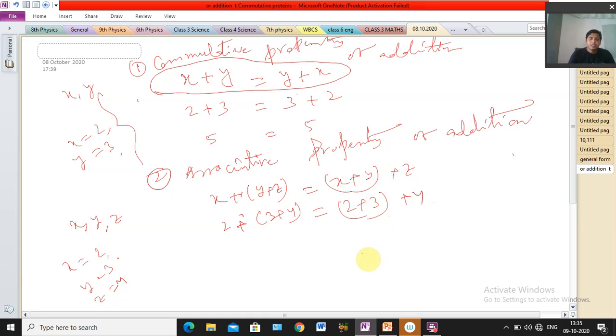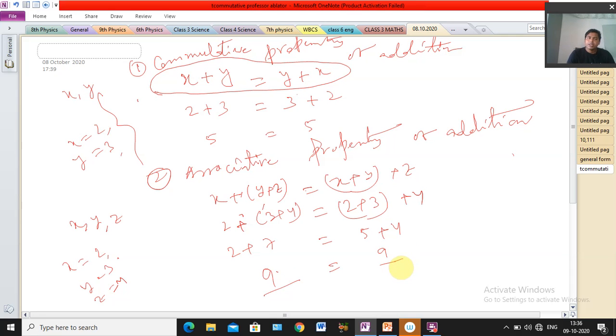With a little calculation, 2 plus 3 plus 4 gives 7, and 7 plus 2 is 9. In the right hand side, 2 plus 3 is 5, 5 plus 4 is 9. So left hand side is 9 and right hand side is also 9. It is the same. So this is the associative property of addition.